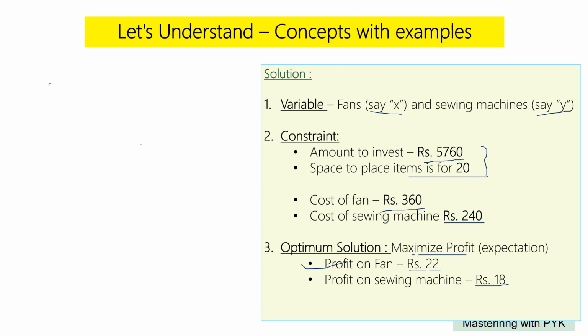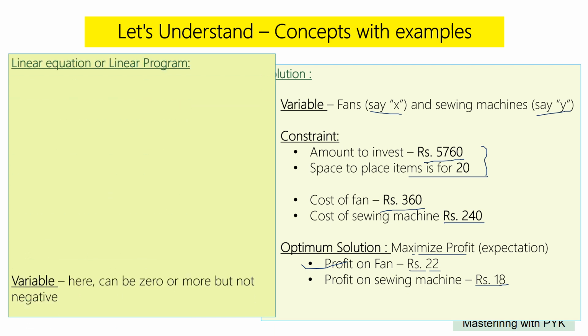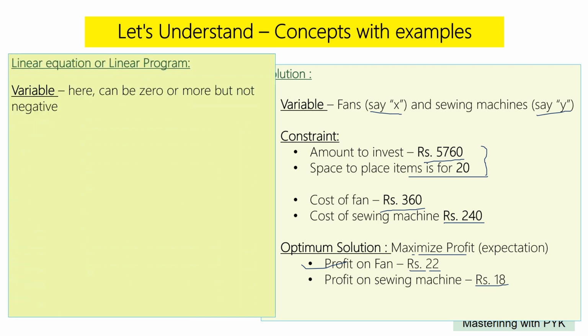So let's see how we can use these given facts to arrive at the LPP. In a linear program, a variable can be 0 but cannot be negative. This means that, because of the limitation of space, he may purchase fans as 0 or sewing machines as 0.